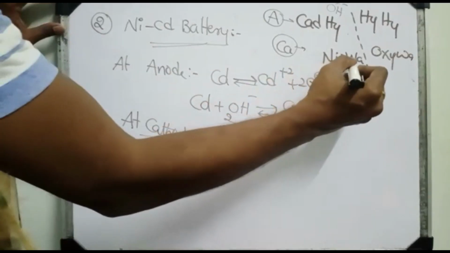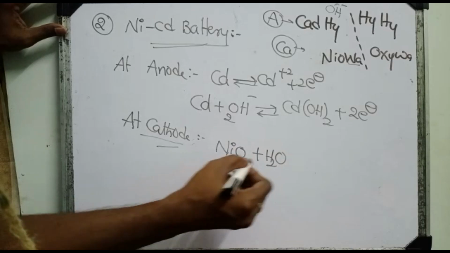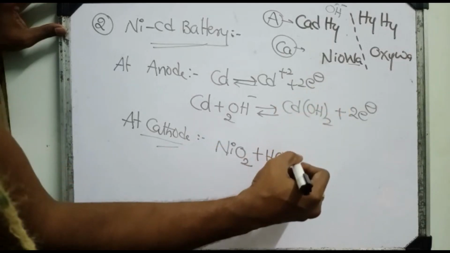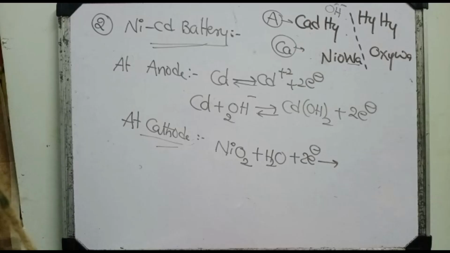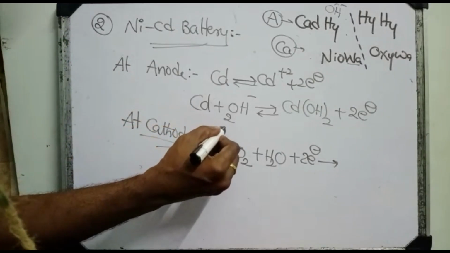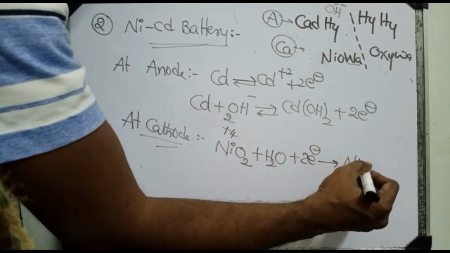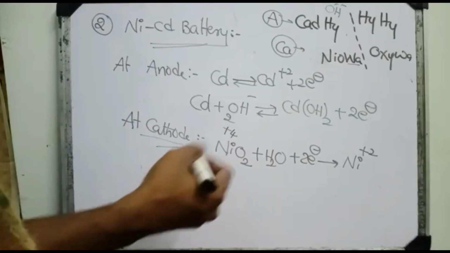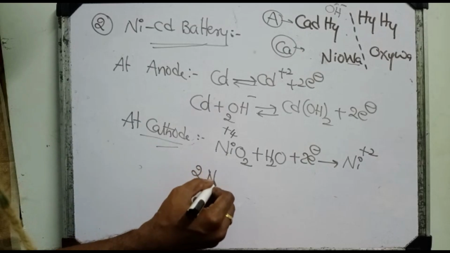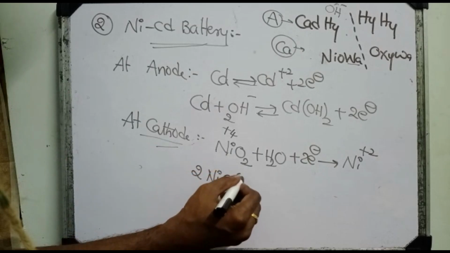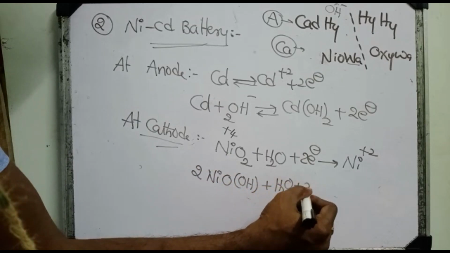So NiO2 plus 2H2O, and here 2 electrons are coming in. Nickel is plus 4 and it becomes Ni plus 2. In some other books they give 2 moles of NiO(OH) plus H2O plus 2 electrons.